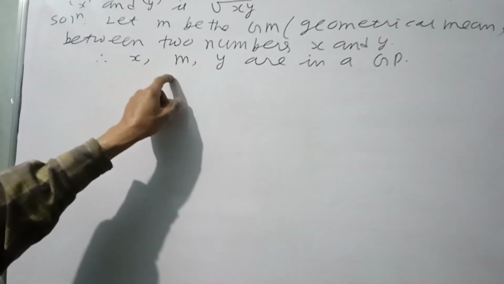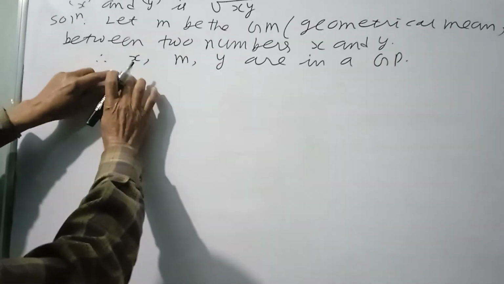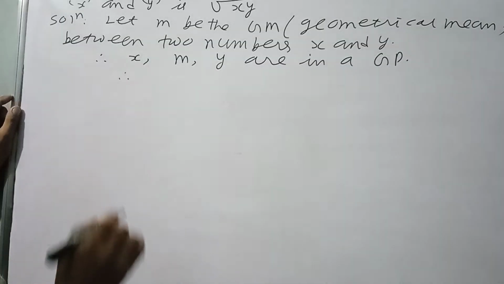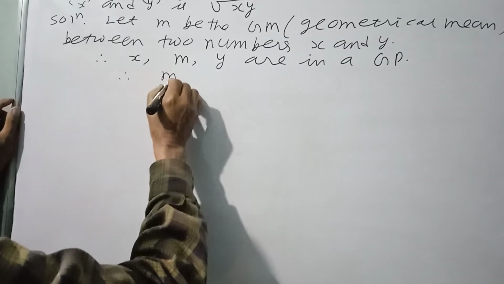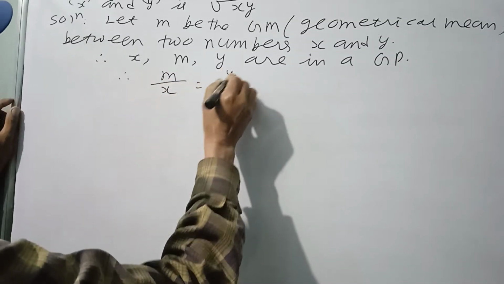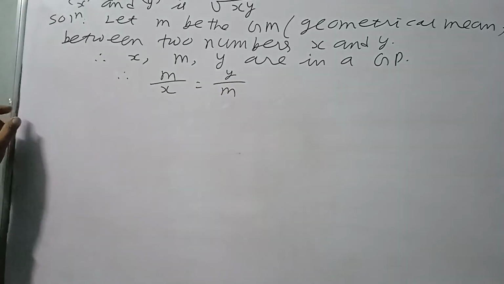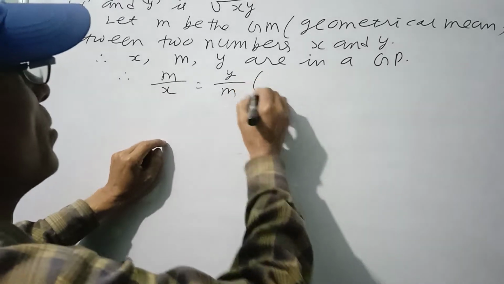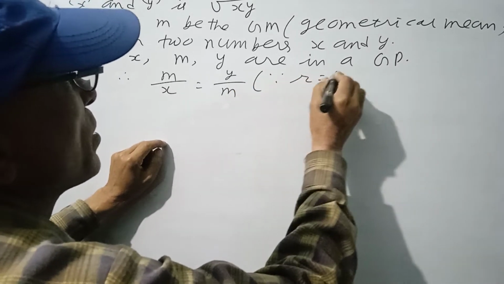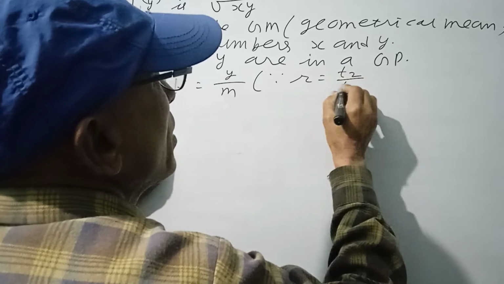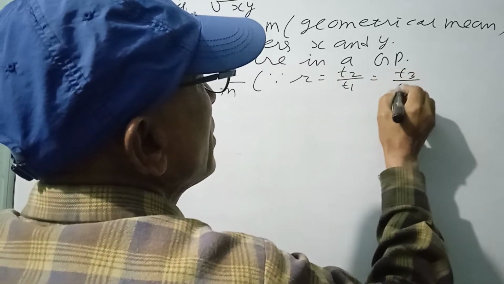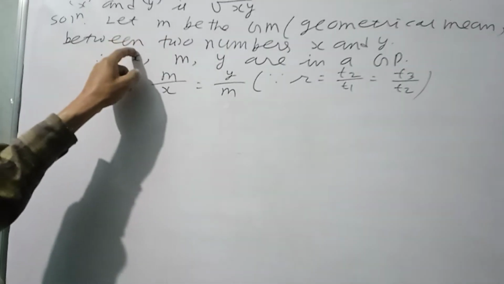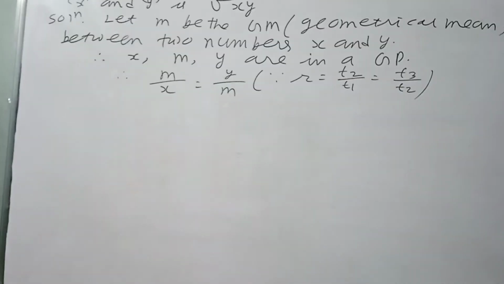X and y ko bichma m geometric mean ho. That means x, m and y are in a GP. That means the common ratio equals m upon x equals y upon m. While solving problems, this technique is very important, because the common ratio equals T2 by T1 equals T3 by T2.